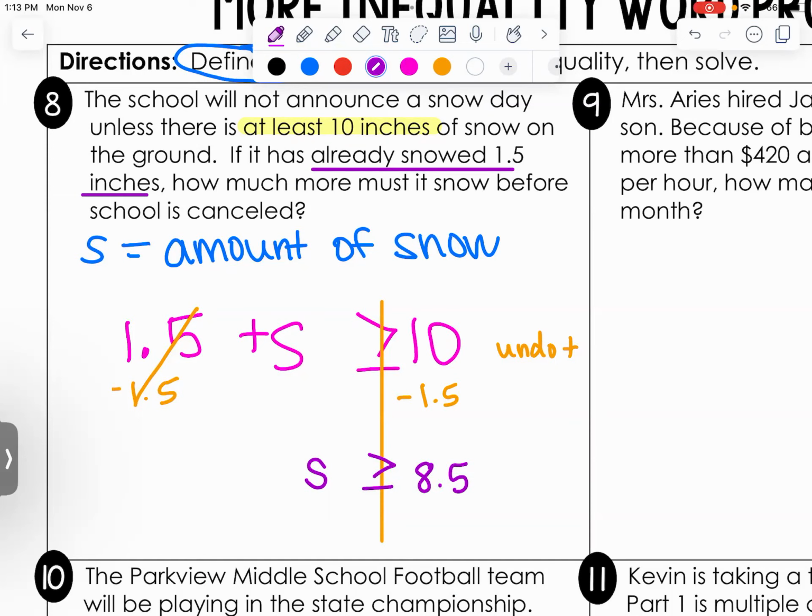No, we have to minus it, sweetie. So what we're going to say is it needs to snow at least 8.5 inches.